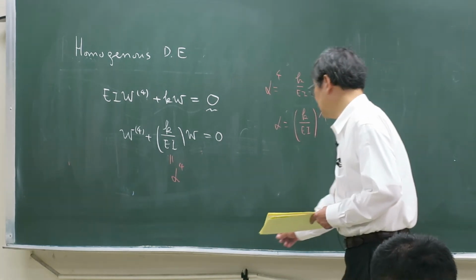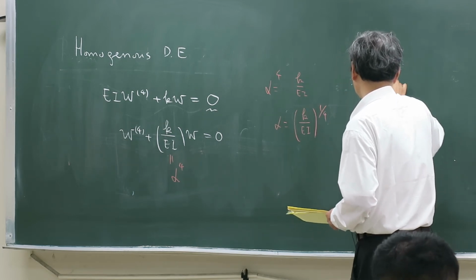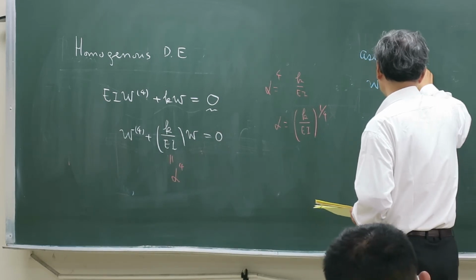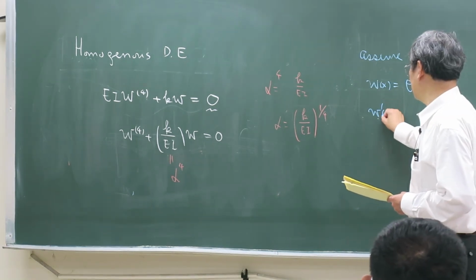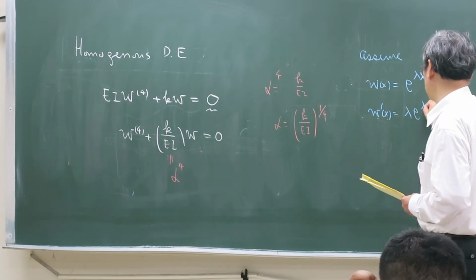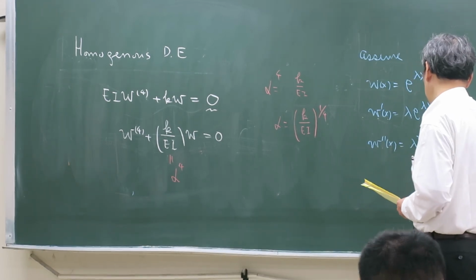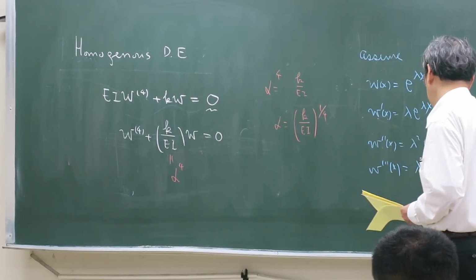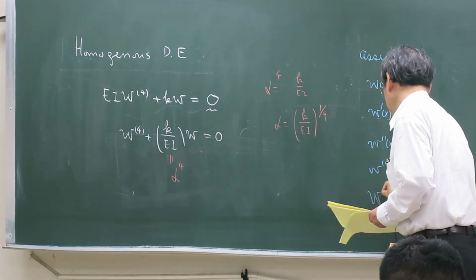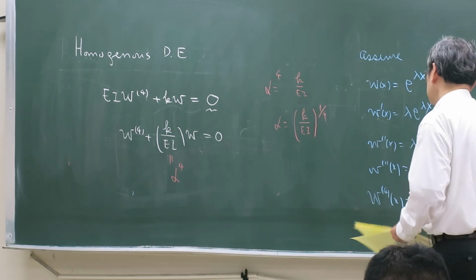Then, to solve this, we assume the form of the solution w like e to the lambda x. Then w prime equal to lambda e to the lambda x. w double prime equal to lambda squared e to the lambda x. w triple prime equal to lambda cubed e to the lambda x, and w fourth derivative is equal to lambda to the fourth e to the lambda x.